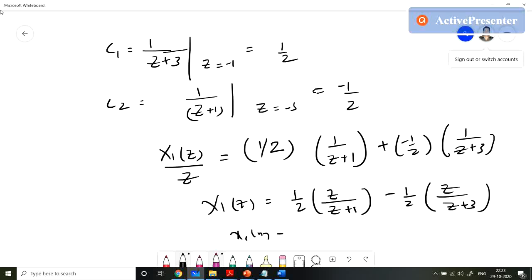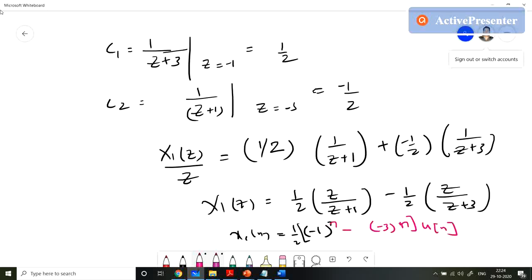So x1[n] we can write as, taking 1/2 outside, 1/2 times ((-1)^n minus (-3)^n) into u[n].